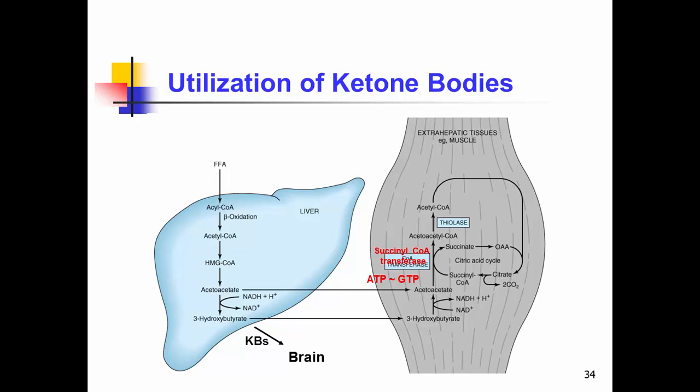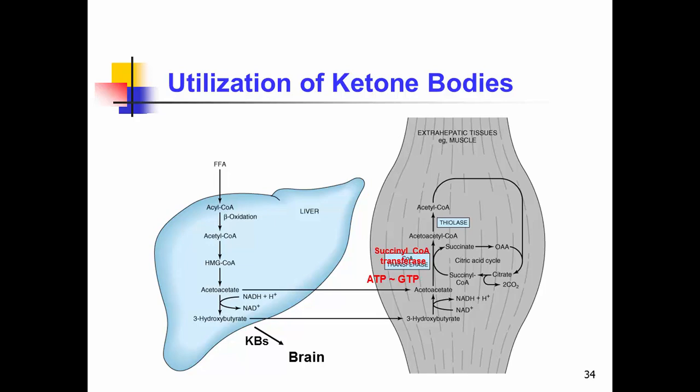So ketone body can be converted to acetoacetyl-CoA, and thiolase is the enzyme that breaks down acetoacetyl-CoA back to acetyl-CoA, right? So acetyl-CoA eventually enters the TCA cycle for ATP production and for complete oxidation. So this is the process for ketone body utilization. Again, succinyl-CoA transferase is the key enzyme for utilization of ketone bodies.